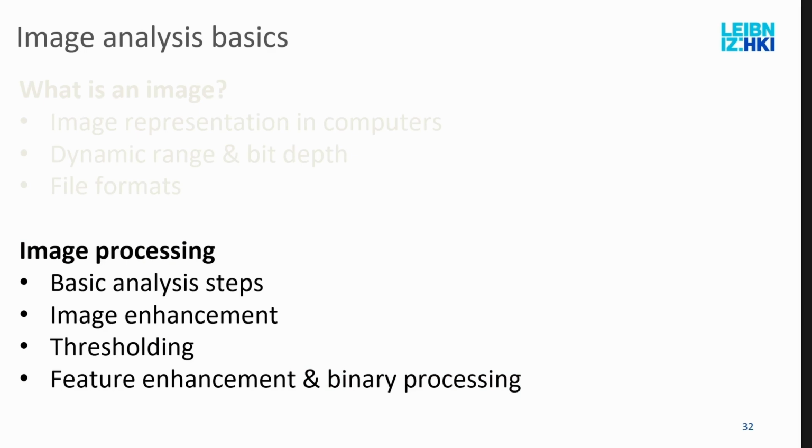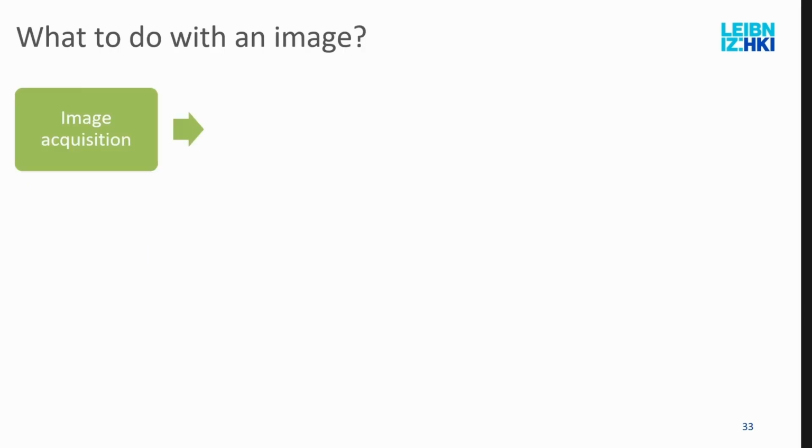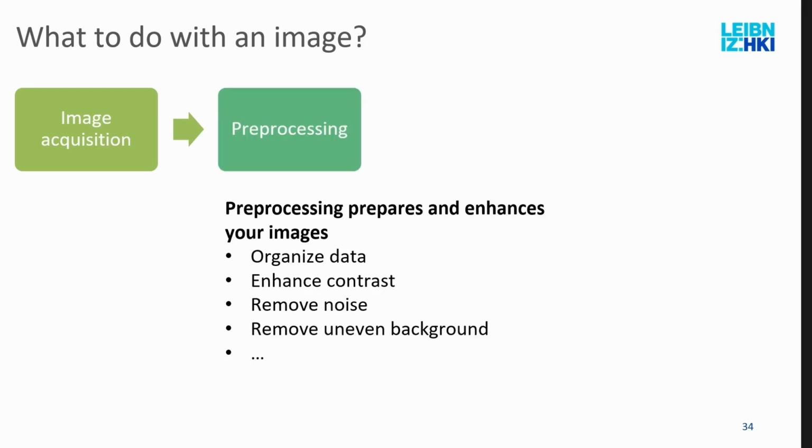So now we have a basic definition of images, and let's talk about image processing a bit. When you have an image, you already acquired it, so image acquisition is already done. Then there are basic steps that you can follow. Usually it's not fitting perfectly, but it usually starts with some kind of pre-processing.